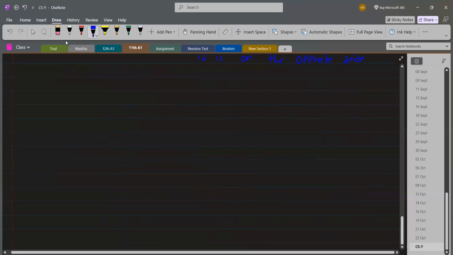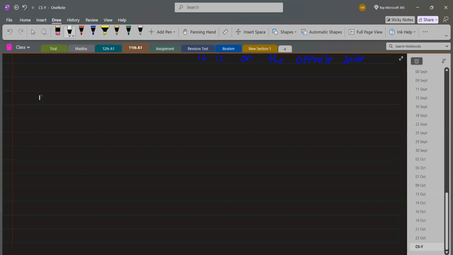So the fourth one, the correct entry should be Ram account debit to sales, because we have sold goods to Ram. But it is recorded in the purchase book, meaning the purchase account is debited.